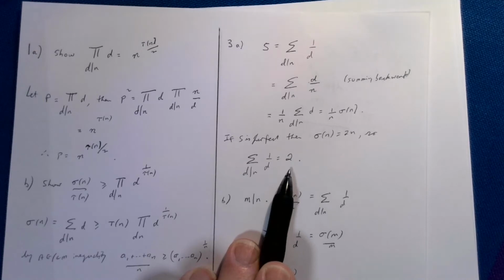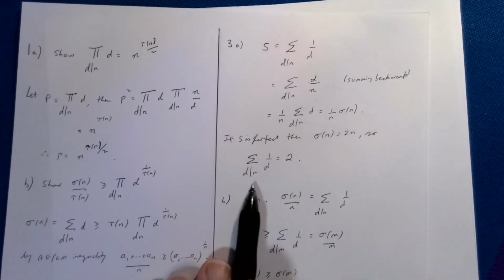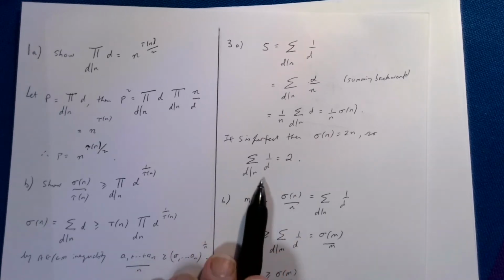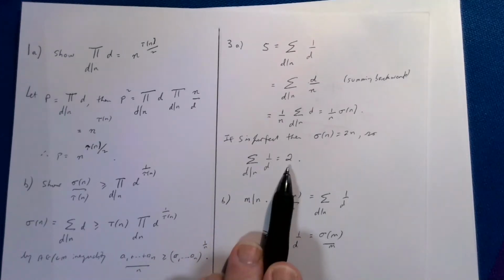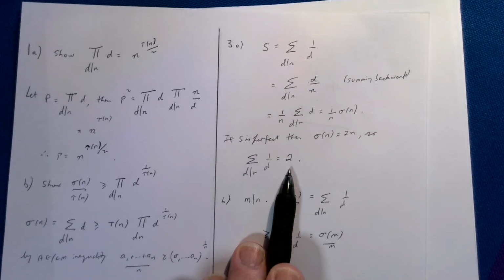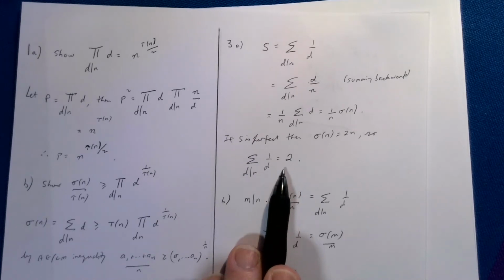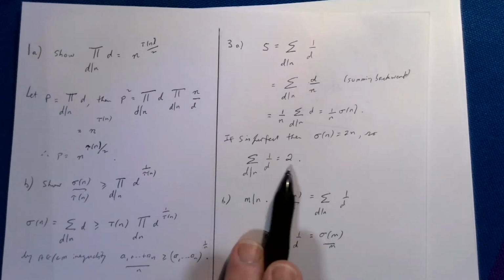By the way, one of the many ways one can generalize perfect numbers is to define pseudo-perfect numbers, or whatever name you want to give it, by choosing your n so that this sum is not 2 anymore, but say 3, or what other values can it be? You can define pseudo-perfect numbers by simply changing this sum here.